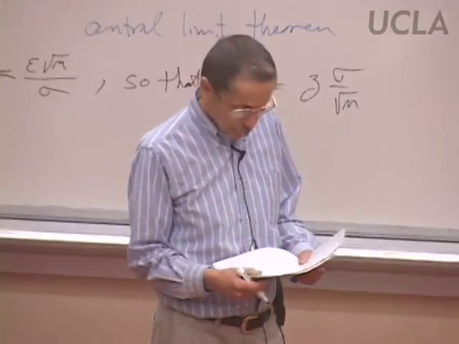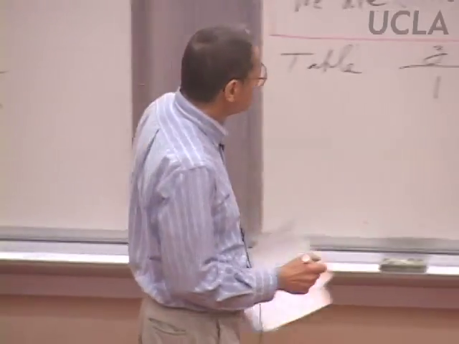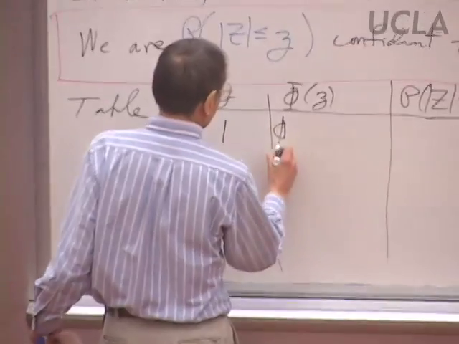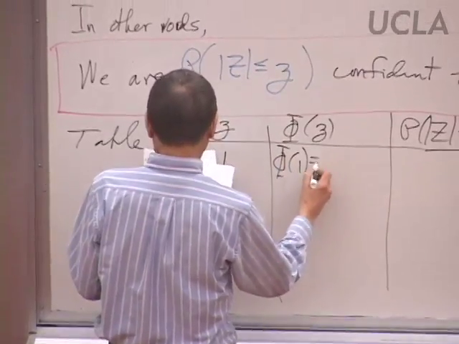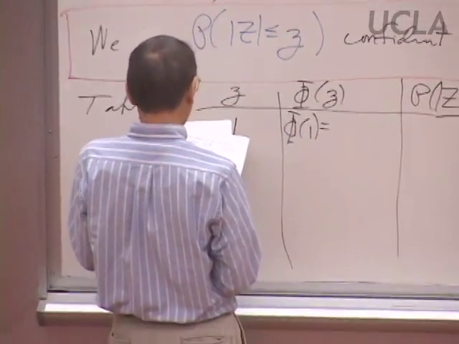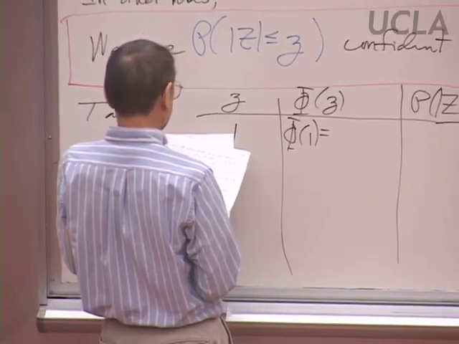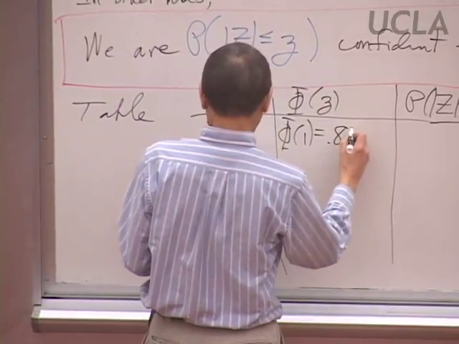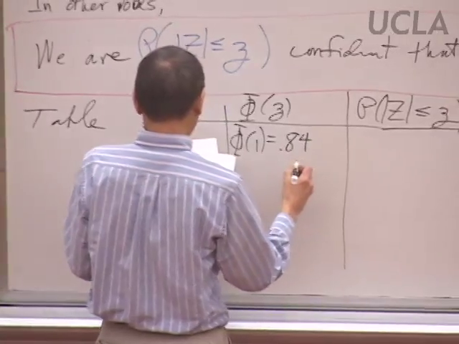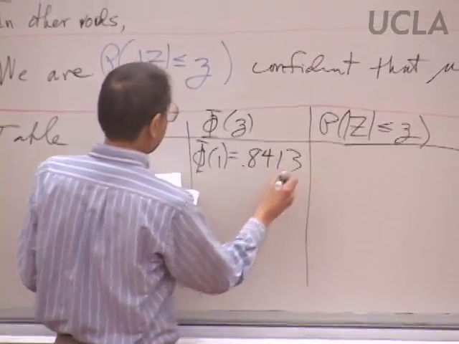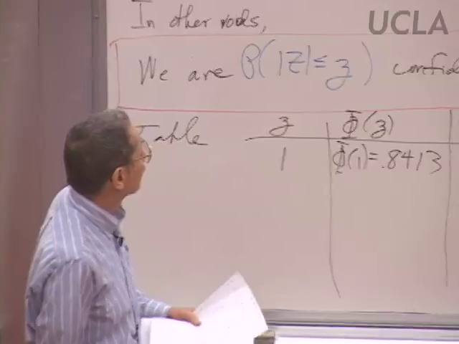And then we look in our table, phi of 1 is 0.8413, I think. Handwriting is not great.